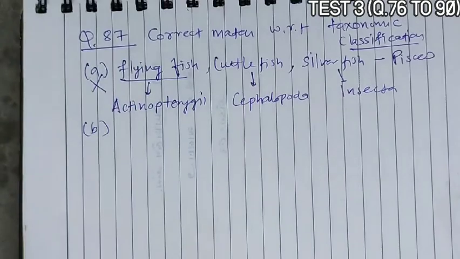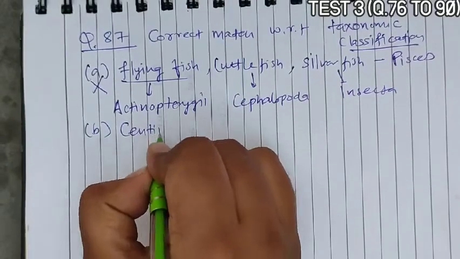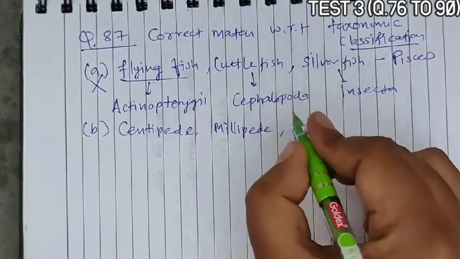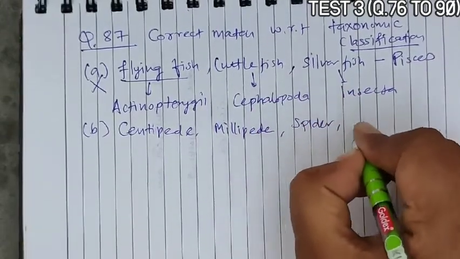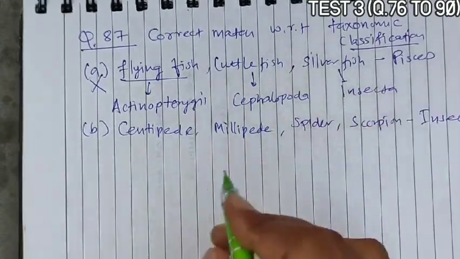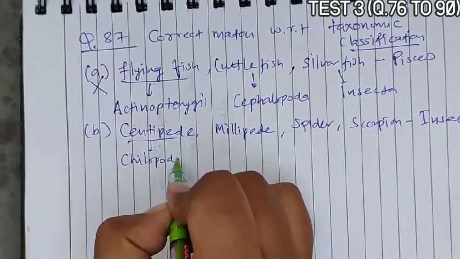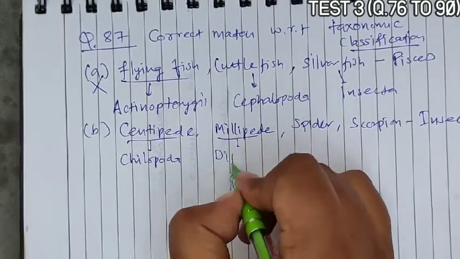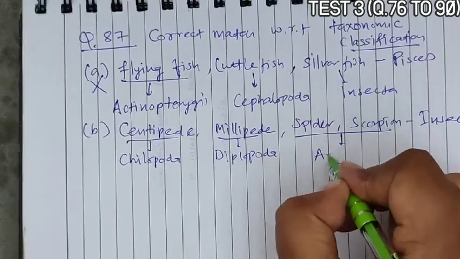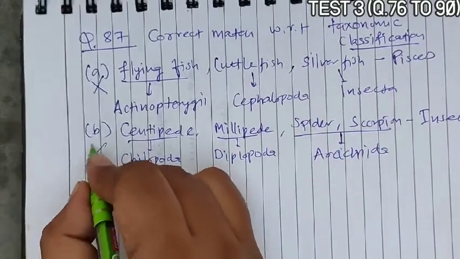Option B, centipede, millipede, spider and scorpion belong to Insecta. Now centipede belongs to Chilopoda, millipede belongs to Diplopoda, and spider and scorpion belong to Arachnida, so not in Insecta.